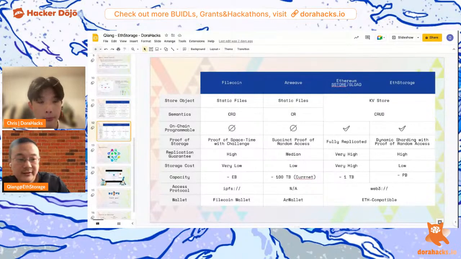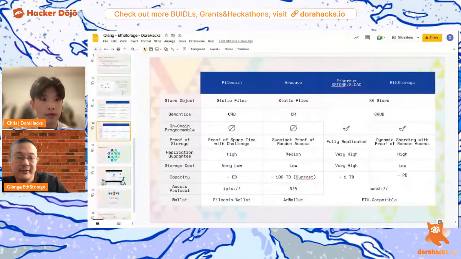During the whole procedure, users need to pay a lot of gas to submit and prove their storage. So we are exploring a lot of ZK technologies to reduce the gas cost. So that's the biggest challenge I think.